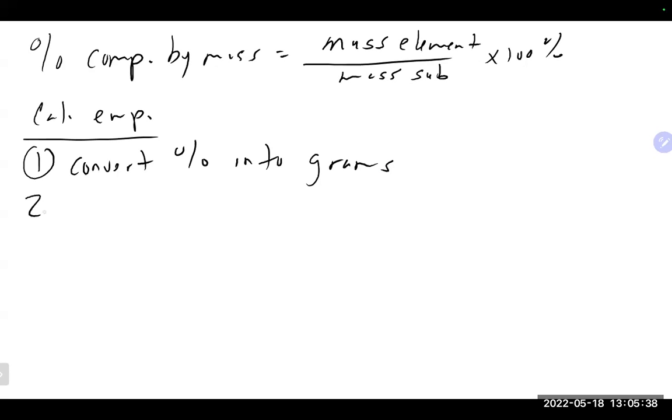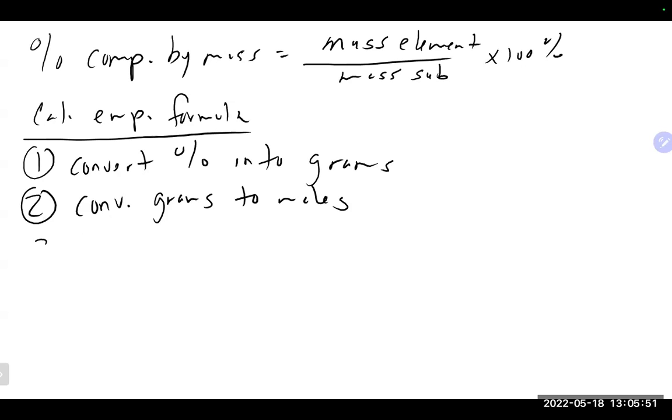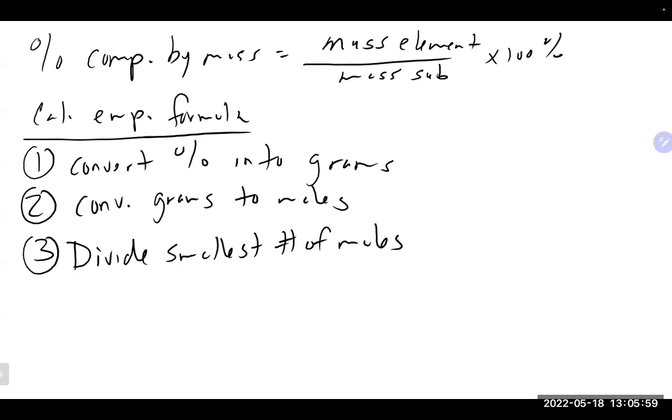We then want to convert grams to moles. Once we have that, we want to divide by the smallest number of moles. If we do that and we hit whole numbers, then we have our empirical formula.